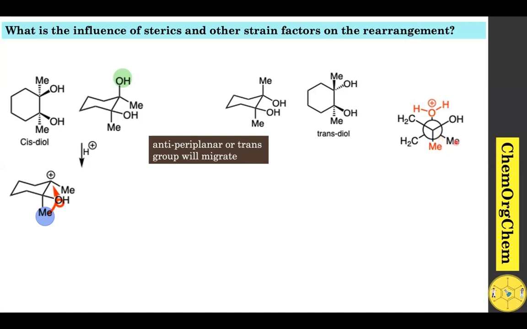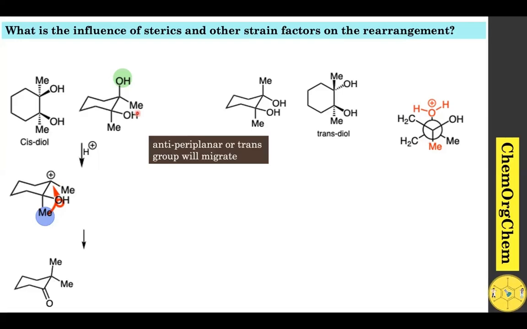Similarly, this methyl and this CH2 are anti-periplanar, and similarly this CH2 and this hydroxy group are anti-periplanar. So in this structure, the methyl group is present in exactly the anti-periplanar position. So this methyl group migrates towards the carbocation center, which generates the corresponding ketone product.